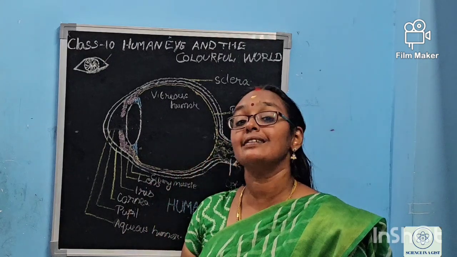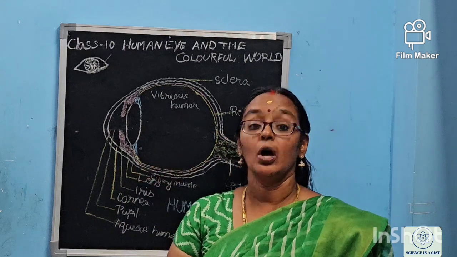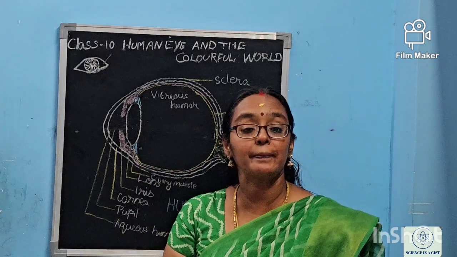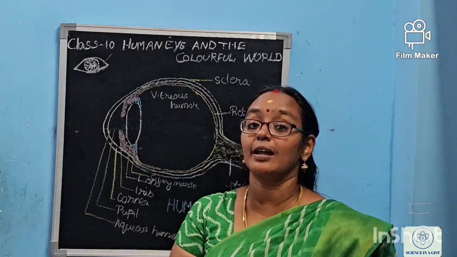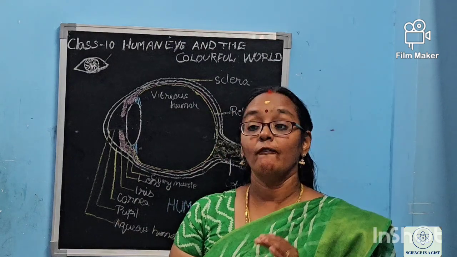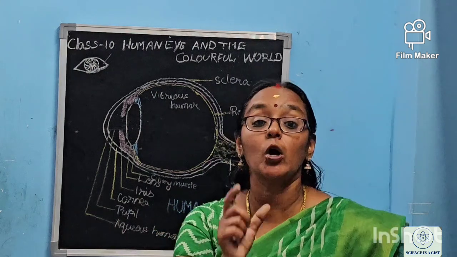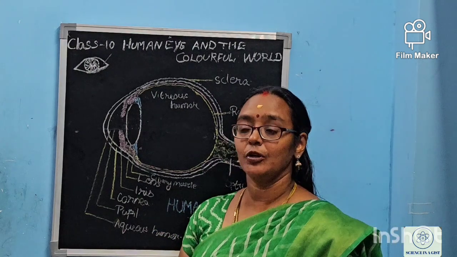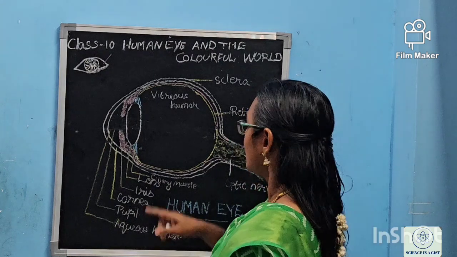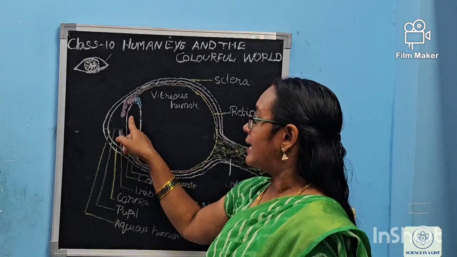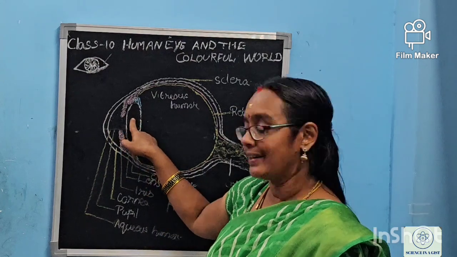All this is done by the ciliary muscles. For what purpose the ciliary muscle does this, you will learn when you learn about the accommodation of the eye. You will learn about it. Okay. Then we have covered up to the crystalline lens.